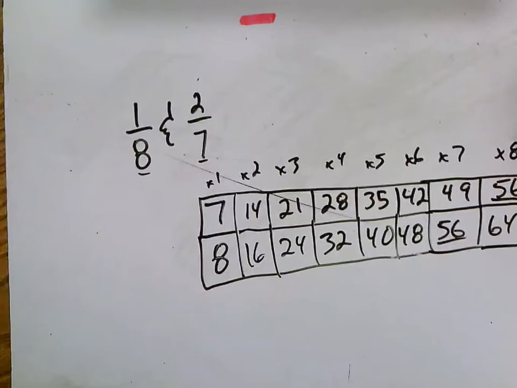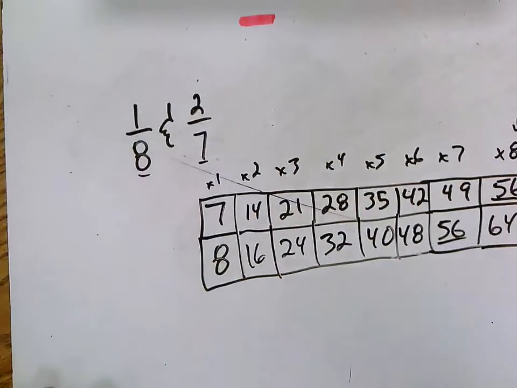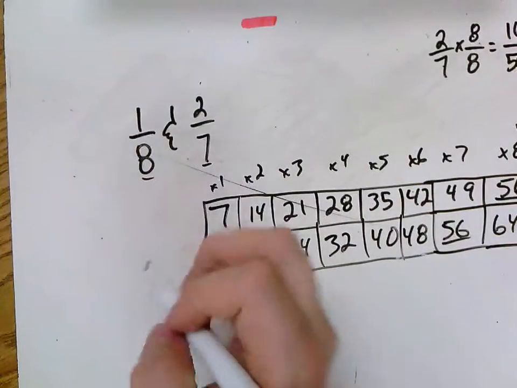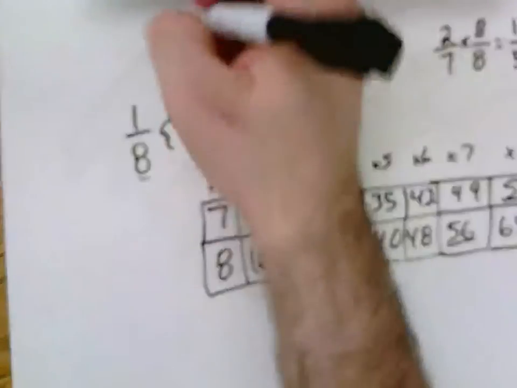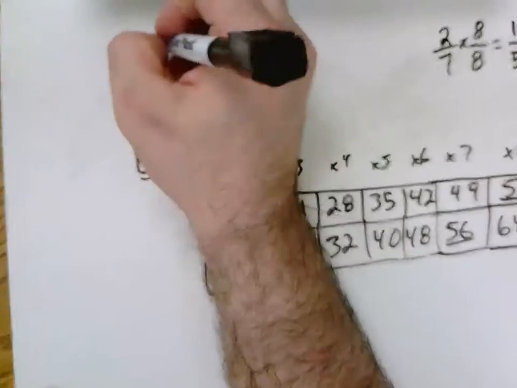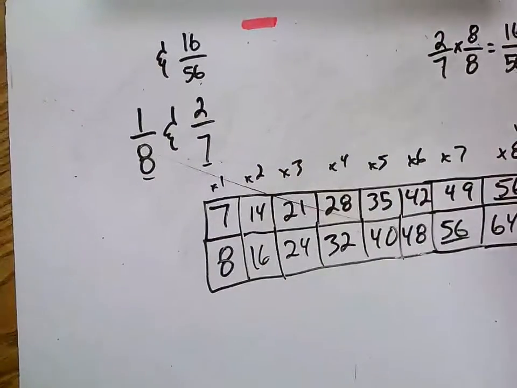So what I need to do is I need to take this for my 7, so to change 2 sevenths into something that has a 56 on the bottom, I multiply by 8 over 8 because I want the 8th multiple of my denominator. So I will get 2 times 8 is 16, and I know that 56 is going to be my common denominator, so 2 sevenths becomes 16 over 56, and then I come down here.